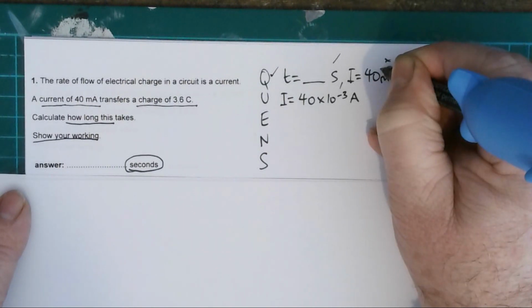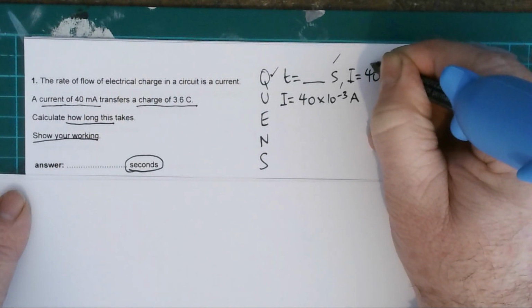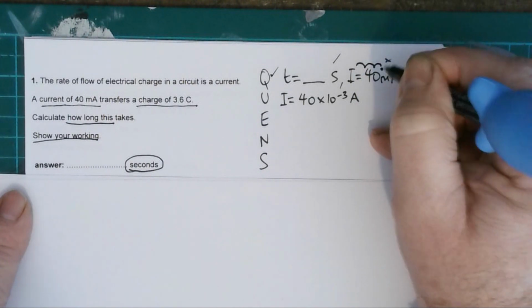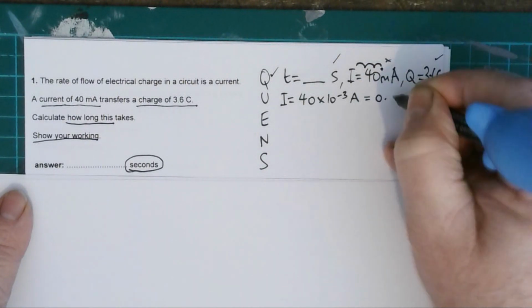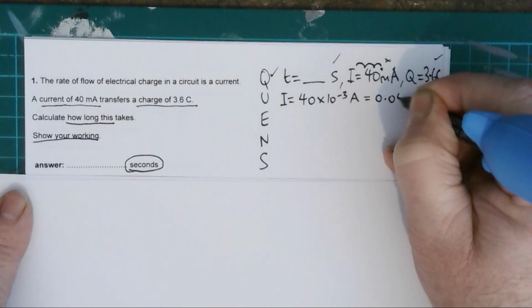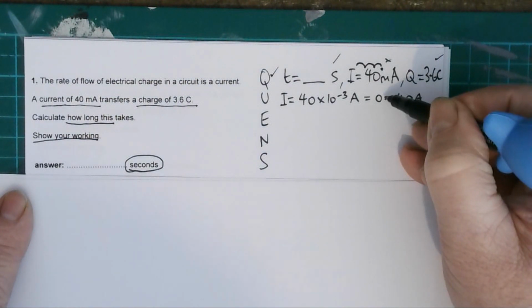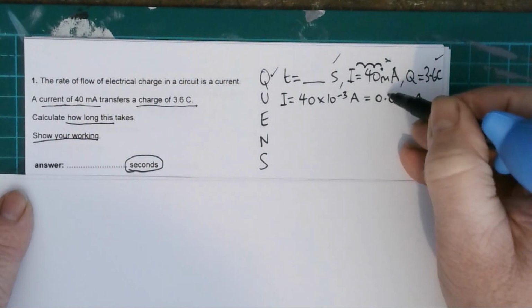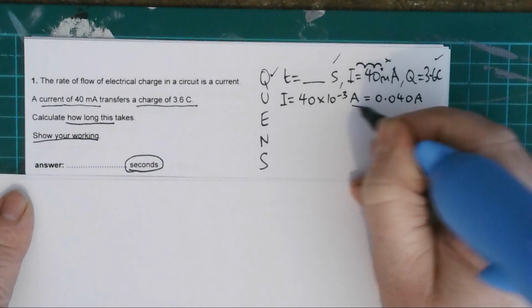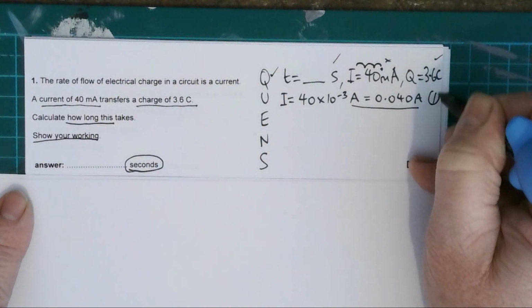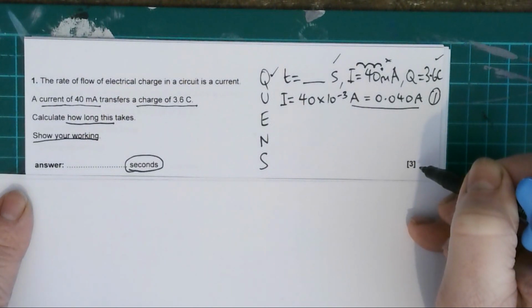If I go 1, 2 and an extra 0, I'm going to have 0.040 amps. Let's check I've moved it only 3 times. 1, 2, 3, 1, 2, 3. Okay, I get a mark for saying that. That's 1 out of the 3 got. That's 33% for this question already.